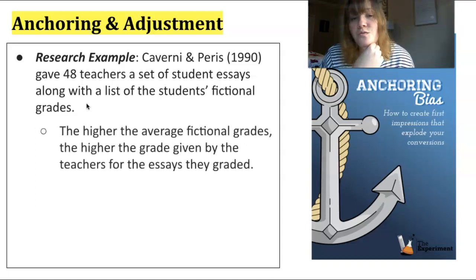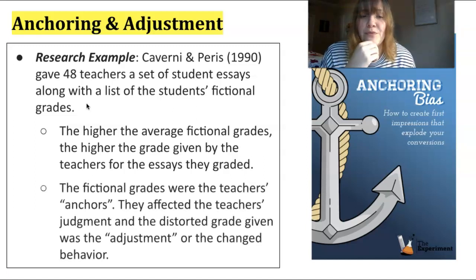What they found was that the higher the average fictional grades were, the higher the grade given by the teachers for the essays they graded. So the fictional grades basically acted as anchors, and they affected the teachers' judgment, and the distorted grade given was the adjustment or the change in behavior. So that's a summary of the anchoring heuristic.